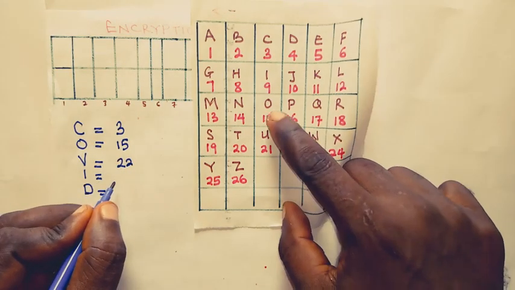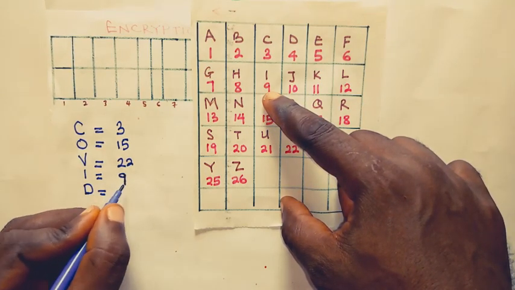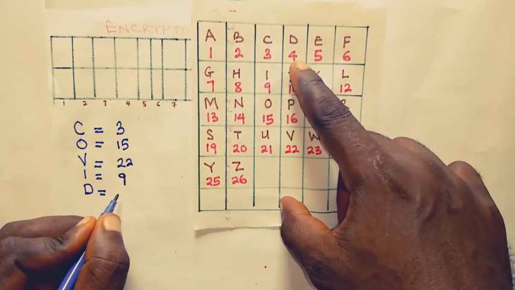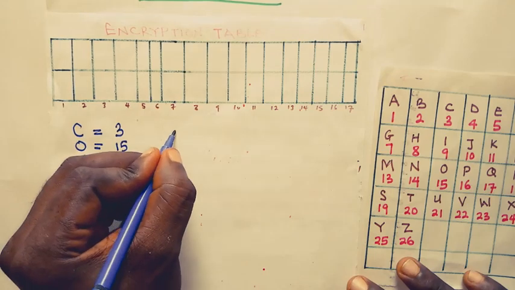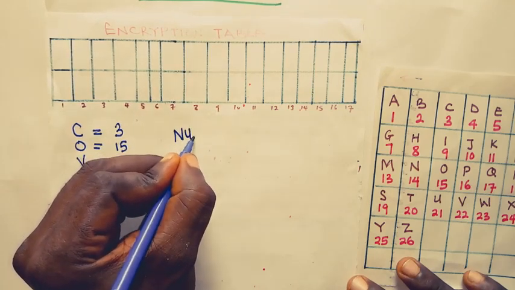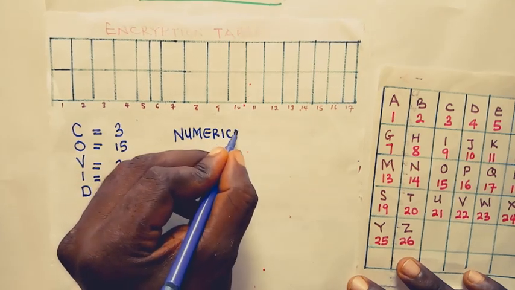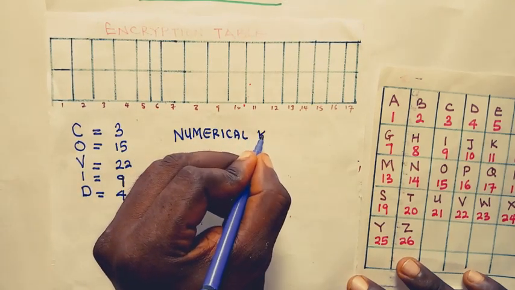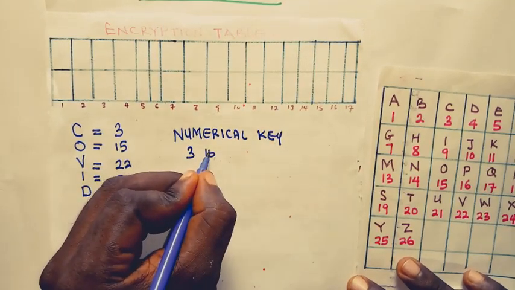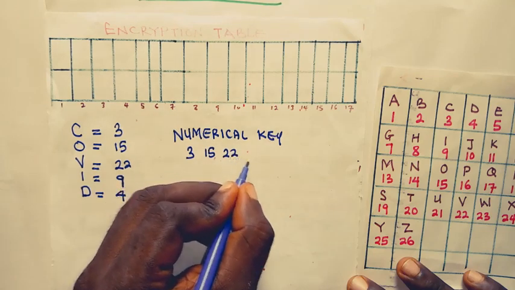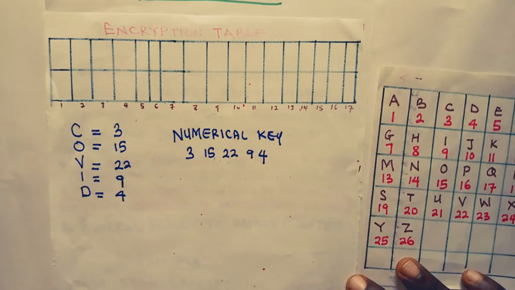I is equal to 9, and D is equal to 4. So my numerical key is actually 3, 15, 22, 9, 4. It's as simple as that.